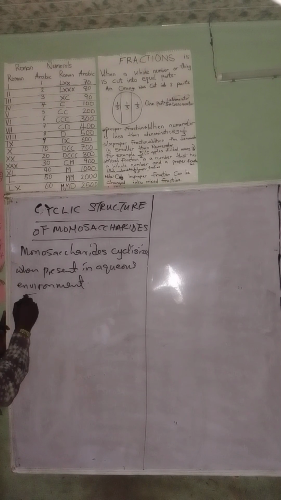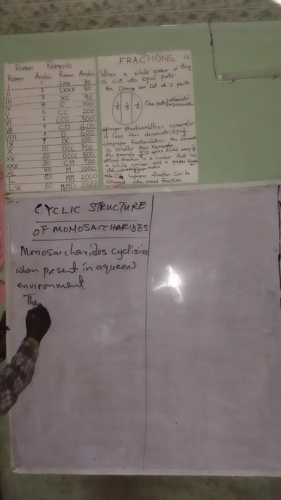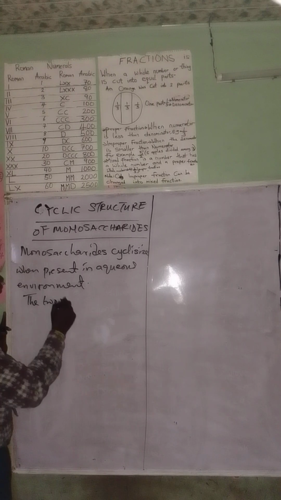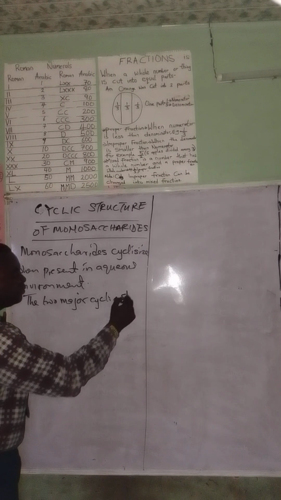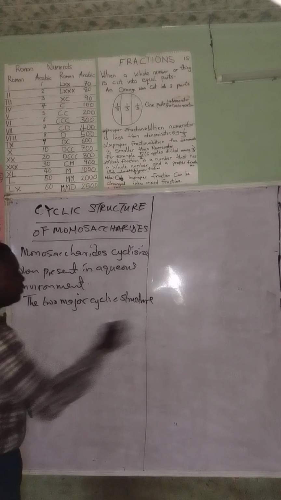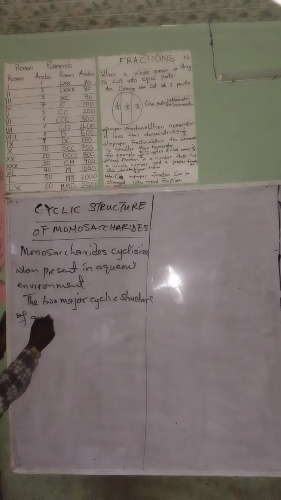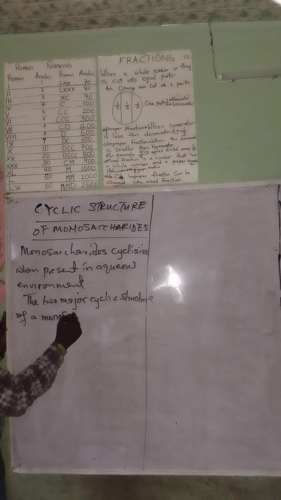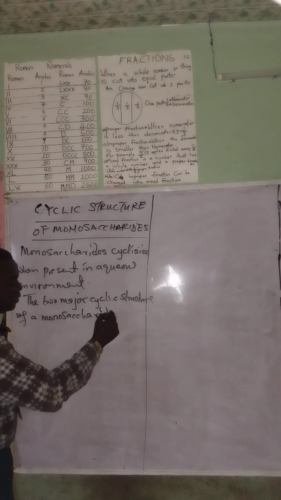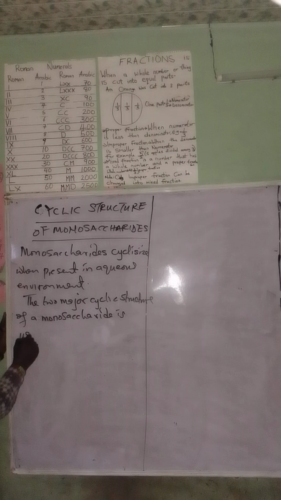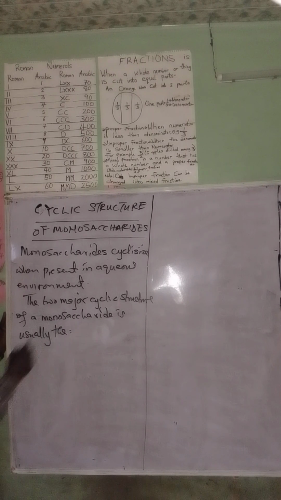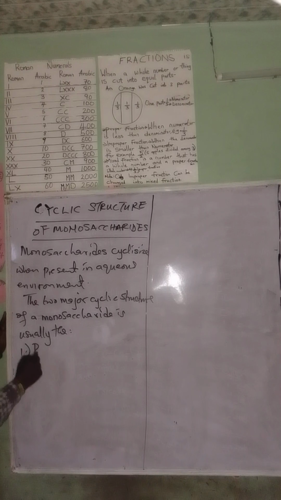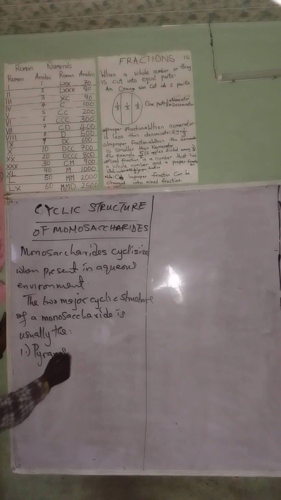So the two major cyclic structures of a monosaccharide are usually the one you have, Pyranoses.